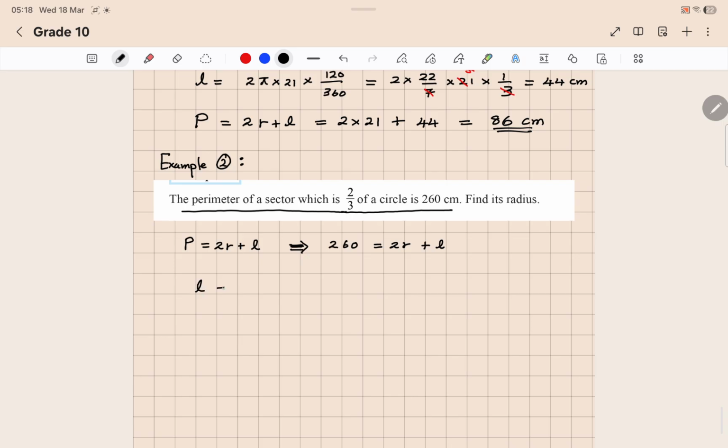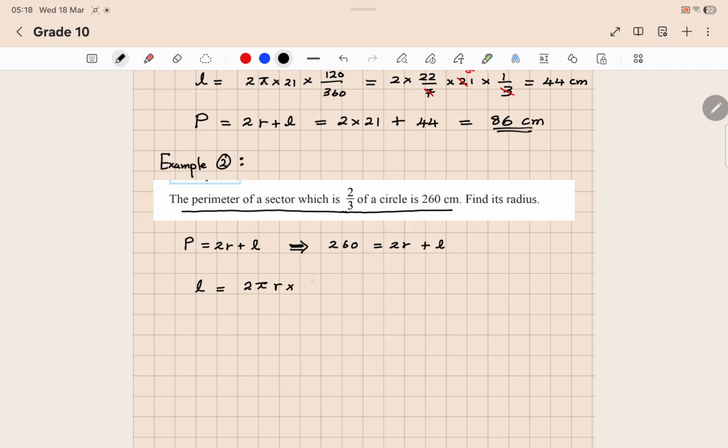So L we can figure out, no? Can we figure out L? Yeah, we can. We can write an expression for L. 2 pi R times 2/3 of a circle, right?